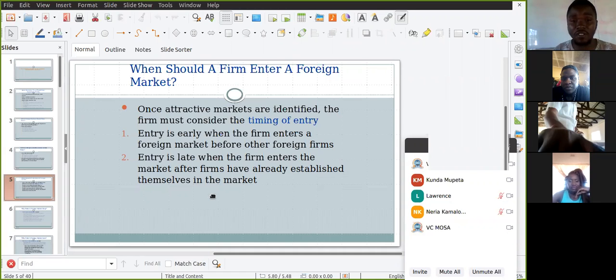If you decide to enter a market selling a product that was already introduced in that market, your advertising costs are reduced because that product has already been advertised by other firms. That is the advantage of entering into a market late compared to entering into a market early.